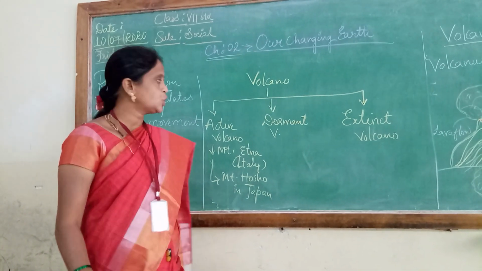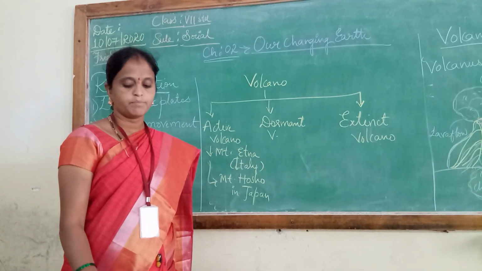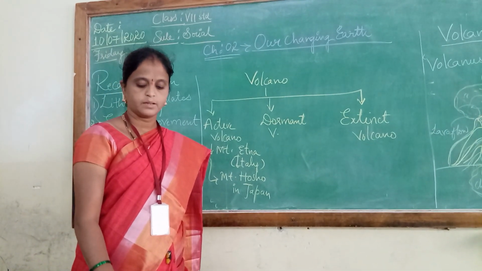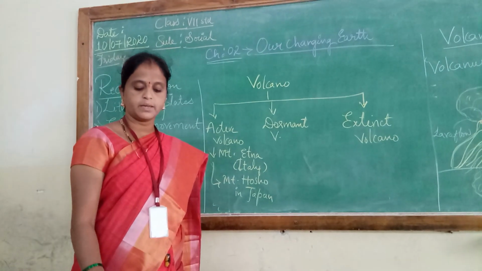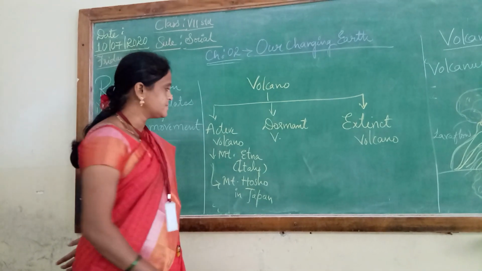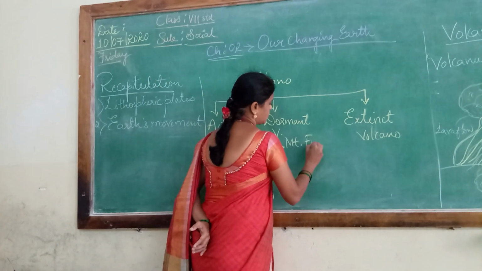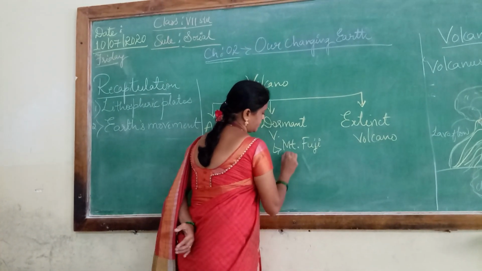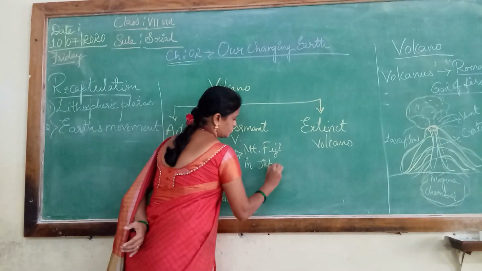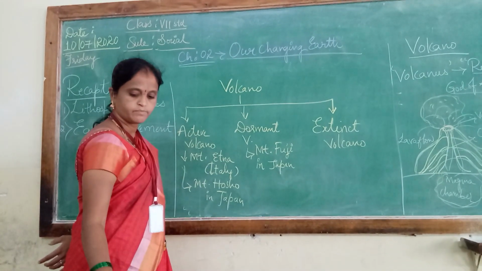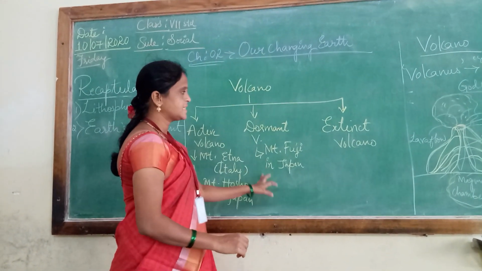These are also known as sleeping volcanoes, which may wake up at any time. Some volcanoes may be dormant for thousands of years before becoming active once again. So, examples of dormant volcanoes are Mount Fuji in Japan. This is called a dormant volcano, which is also known as a sleeping volcano.